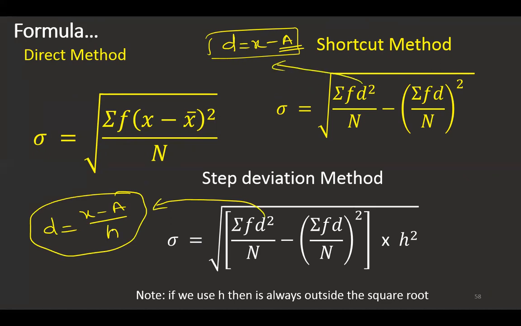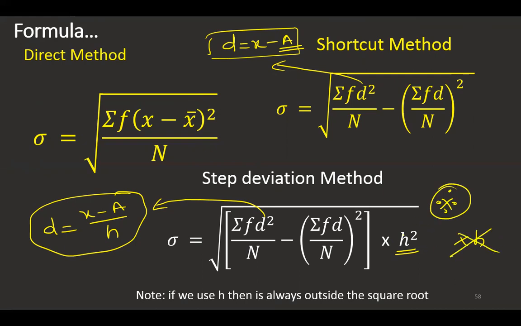Now imagine this h is multiplied inside the square root; then it should be h square. When it is multiplied outside the square root, then it should be multiplied with h. This is the most confusing part for every student. So what you have to remember is to just omit this h at all.